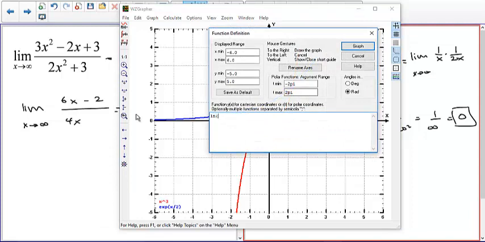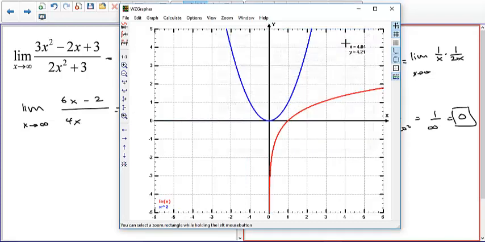If you take the natural log of x and x squared, you'll see that x squared grows quickly and the natural log drops off, and therefore the blue curve is going to get much higher than the red curve proportionally as you go further out in the positive direction. And so you would have expected 0, which you do get.